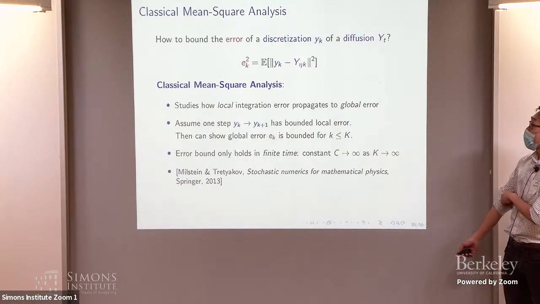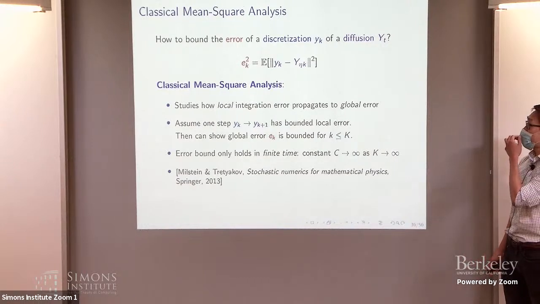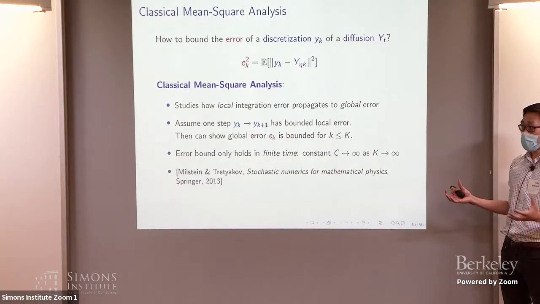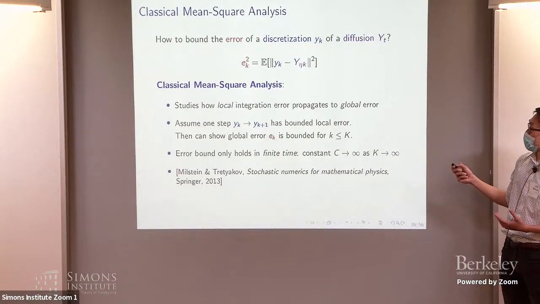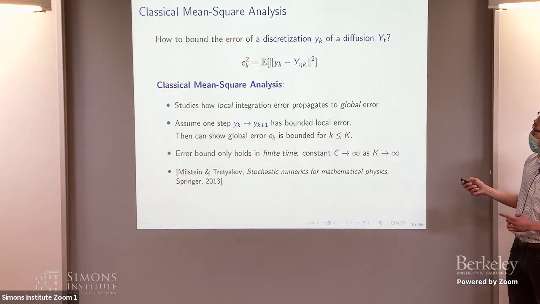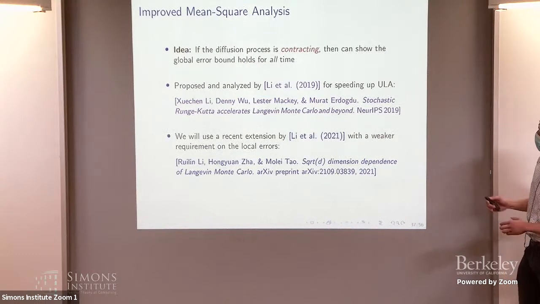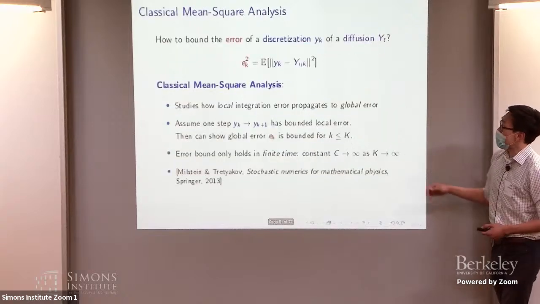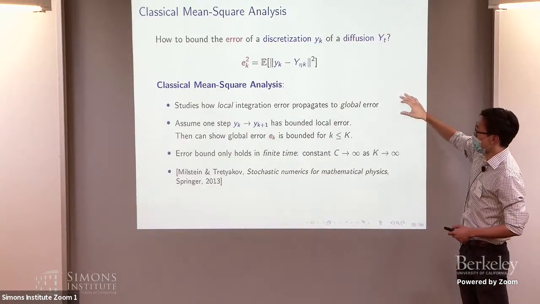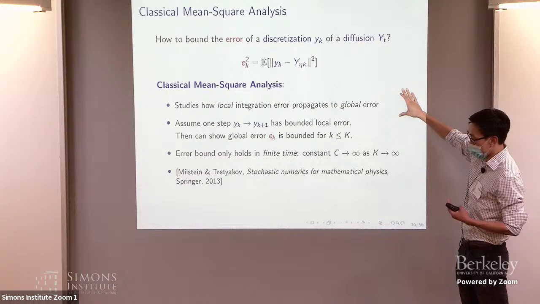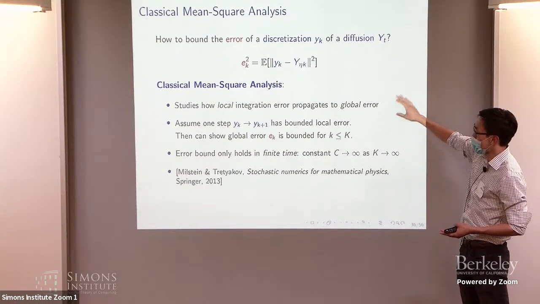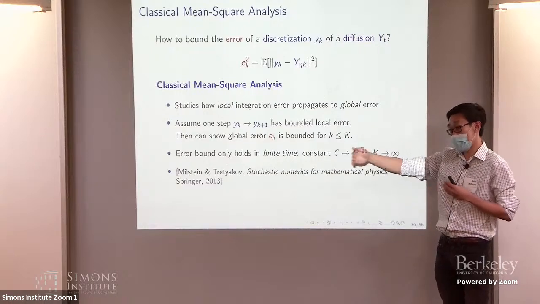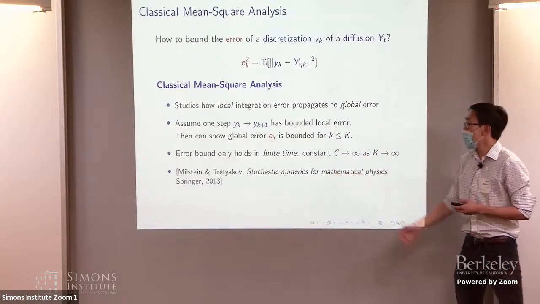The very high-level idea is that mean squared analysis is a very general, powerful framework for bounding the error between a discretization algorithm and a continuous-time process. But before that, let me show you the classical setting. This is a very classical technique from analysis and physics and so on. Classically, we can only show bounds up until some constant iteration.